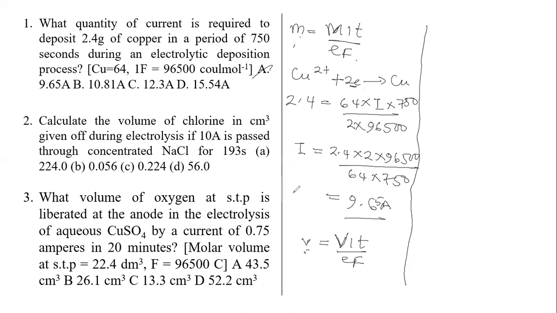This capital V is a constant. It's volume at STP, which is 22.4 dm cubed, which is 22,400 cm cubed. I is current, so we put everything there.